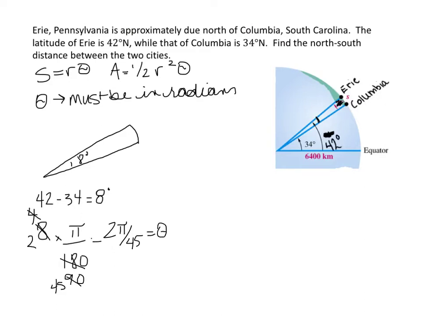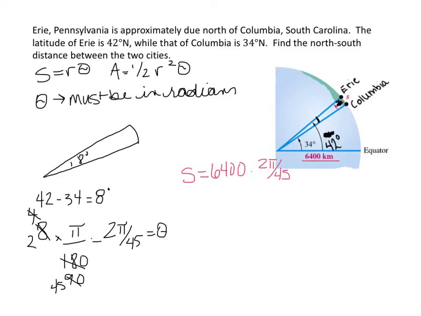Now that I have that, I can actually use that to find the arc length. So the next phase of this problem is S equals R theta. The radius of the Earth is approximately 6,400 kilometers times 2 pi over 45. In a problem like this, it's not necessary to leave any answers in terms of pi because it's a word problem, and normally we don't leave word problems in terms of pi.